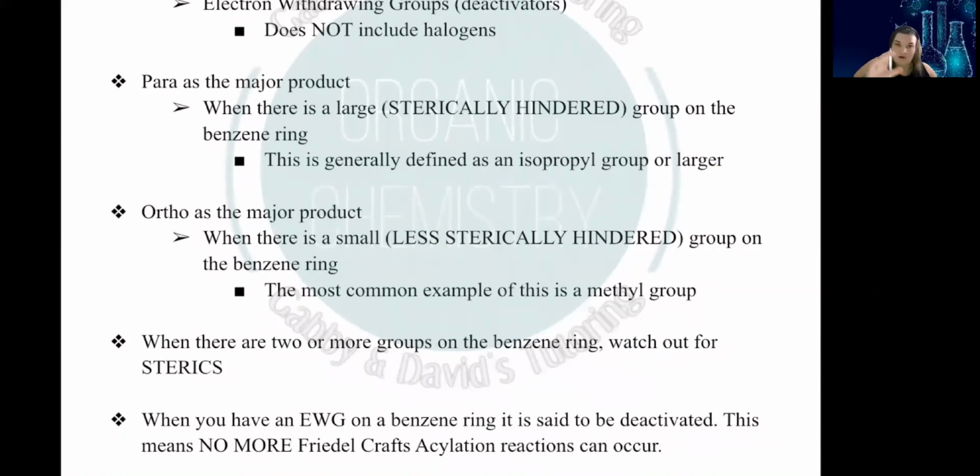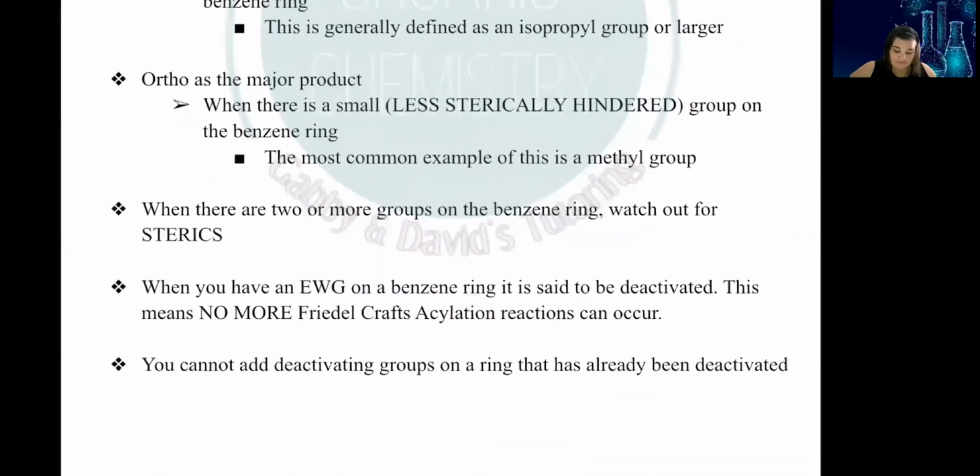Generally speaking, the only group that really directs ortho first is going to be a methyl group. Other than that, between your ortho and para directors, you're going to be going para majority of the time as the major product, okay? It's just that when it comes to methyl groups, we don't really go para first, we go ortho first, okay?